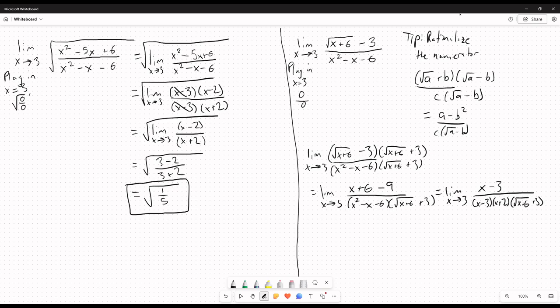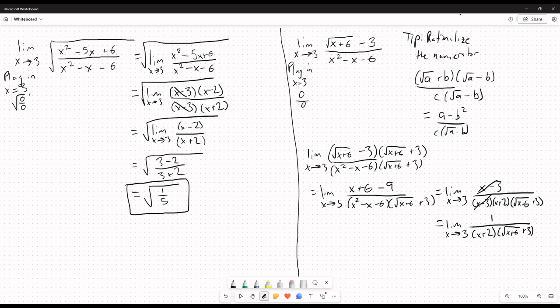And what we notice we could do is this x minus 3 and this x minus 3 will cancel out. Be careful, when we cancel out the entire numerator, there is still a 1 up there, so don't just make it a 0 or anything. So we'll have 1 over x plus 2 times square root of x plus 6 plus 3.